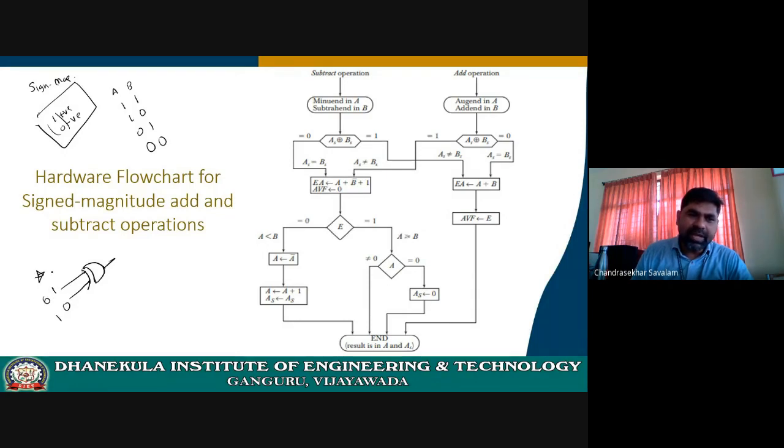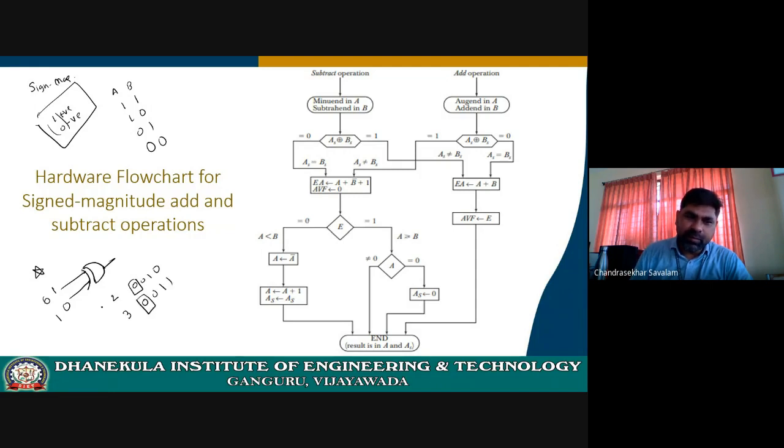So by using a simple 2-input exclusive OR gate, the inputs for this gate are the sign bits only, not the contents. You have to apply the sign bit. In sign magnitude representation, suppose 2 means 0, 0, 1, 0. So this is the sign bit. Again, 3 means 0, 0, 1, 1. This one is the sign bit.